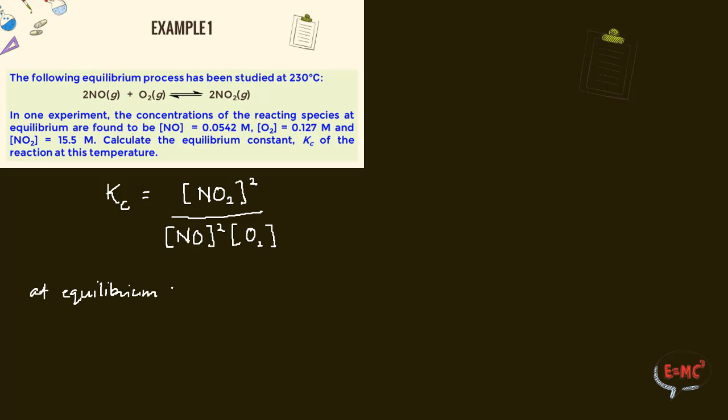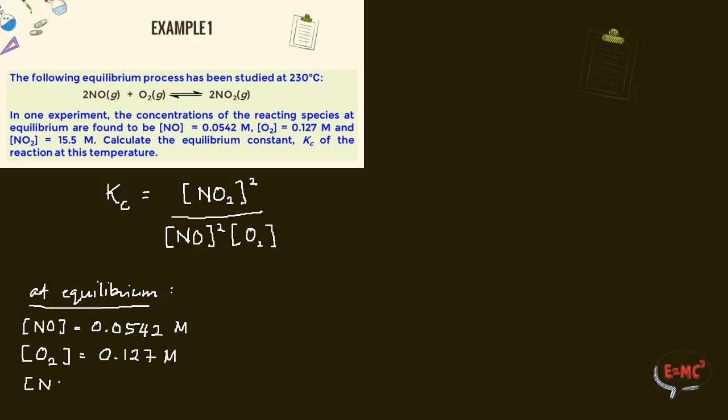Okay, at equilibrium we have the concentration of nitric oxide, the reactant, is 0.0542 molar, and then the concentration of oxygen gas, which is also the reactant, 0.127 molar, and the concentration of nitrogen dioxide, which is the product, is 15.5 molar.